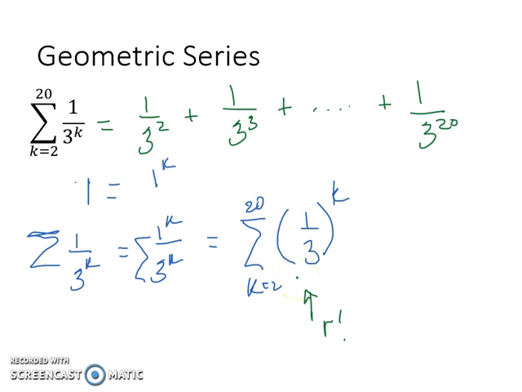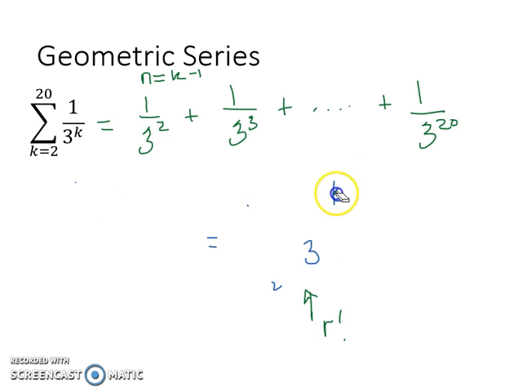Now for this one, since k starts at 2, our n is really k minus 1 because our first term is when k equals 2. So let me mention that again.